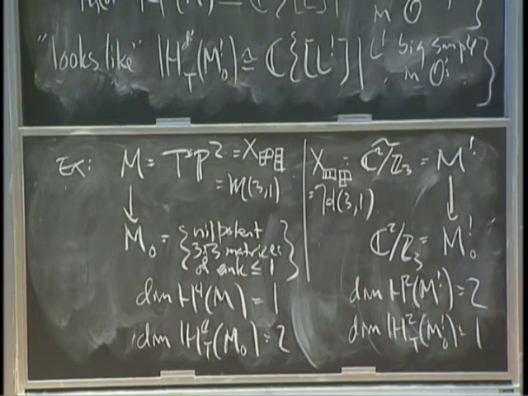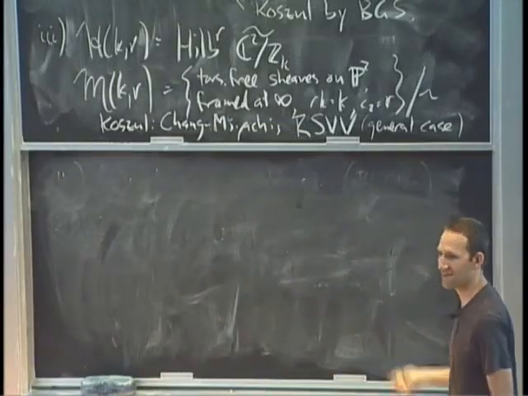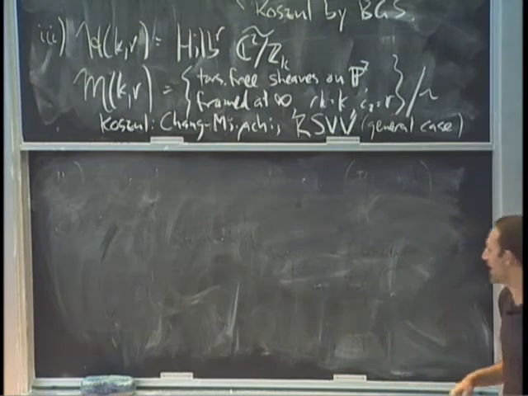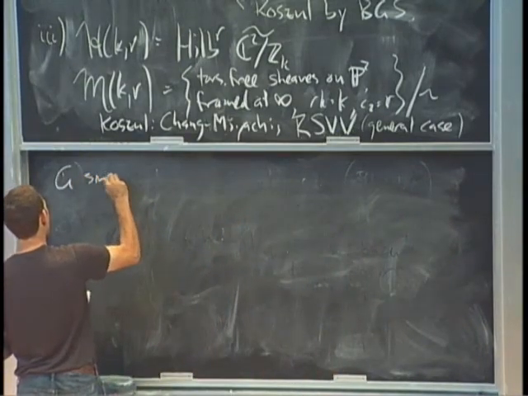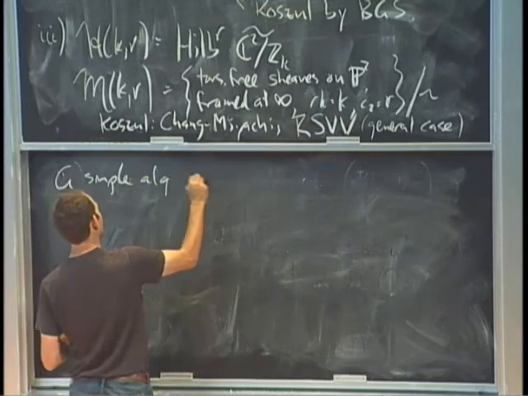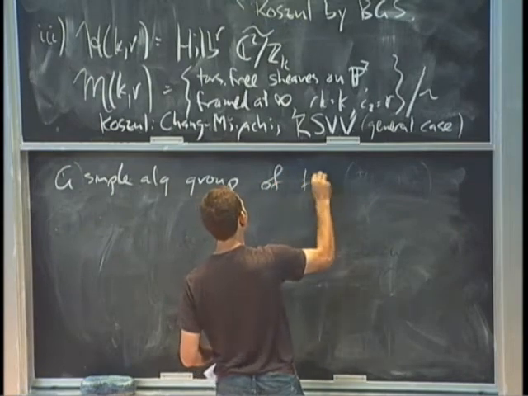Okay, so now I want to talk about sort of the main goal, the example that relates geometric Satake to Nakajima's construction. So some of what I write down now is just going to be rehashing the constructions that Victor gave, but maybe that's helpful. So G is going to be a simple algebraic group, simply laced, so type ADE.